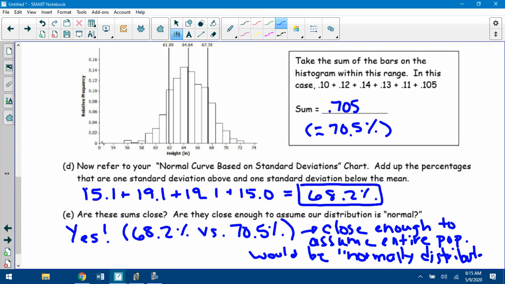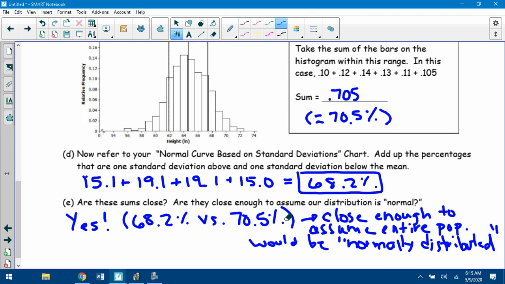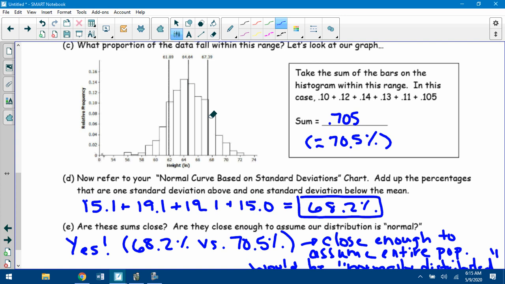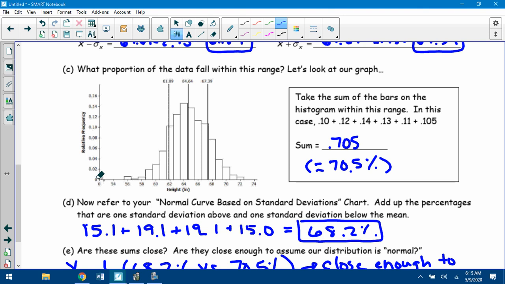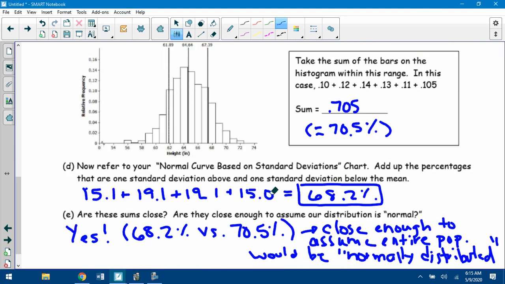This is going to be a theme that comes throughout the statistics unit. Is it close enough? It's kind of a vague term. But if I wanted the heights of every woman in the world, you probably couldn't collect that data. That's why we have to take smaller samples. And if the smaller samples look normal, the theory is that the entire population would be perfectly normal. It's a little math hand waving.